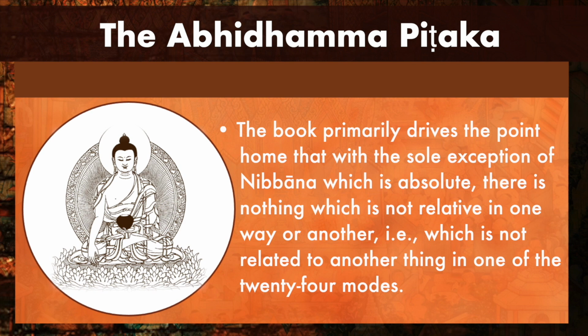The book primarily drives the point home that with the sole exception of Nibbana, which is absolute, there is nothing which is not relative in one way or another, that is, which is not related to another thing in one of the 24 modes.